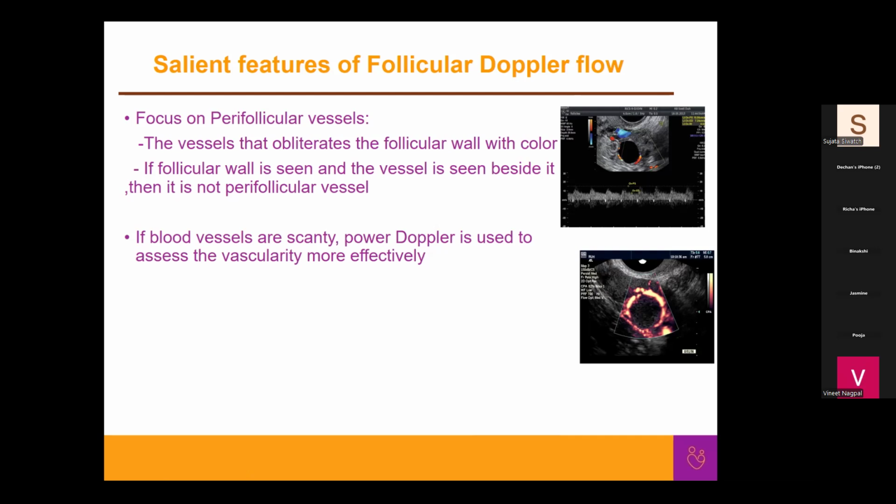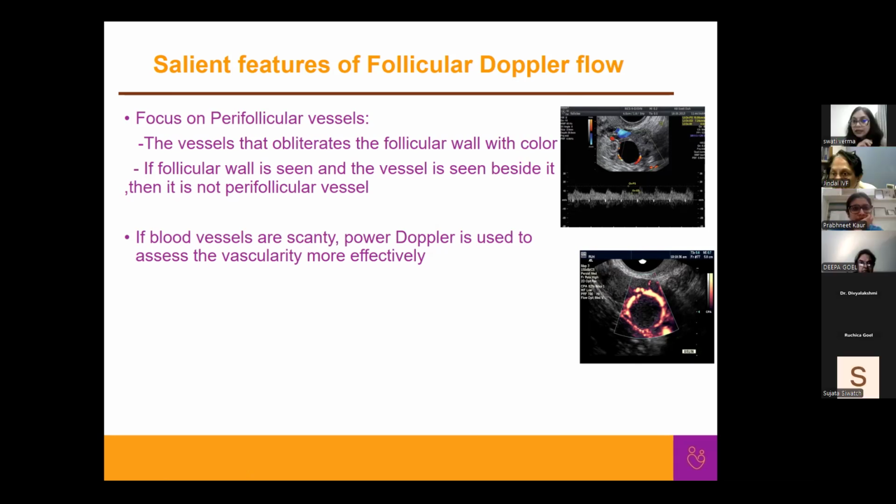Once you put the color, it will totally obliterate the follicular wall, and you'll not be able to see the follicular wall. If you are able to see the follicular wall and the vessel is also visible, it means you are not focusing on the perifollicular vessel. Once the perifollicular vessel is in focus, the follicular wall will not be visible.